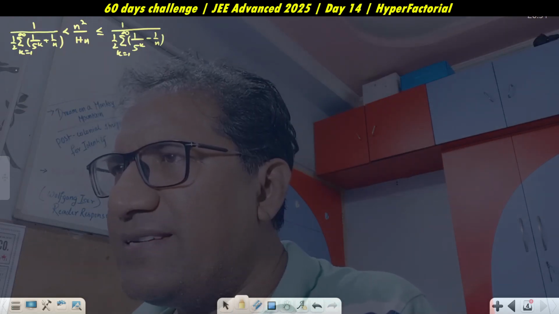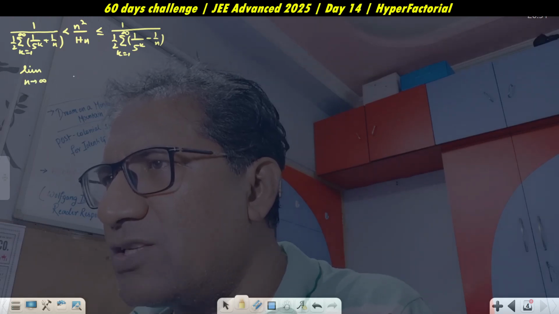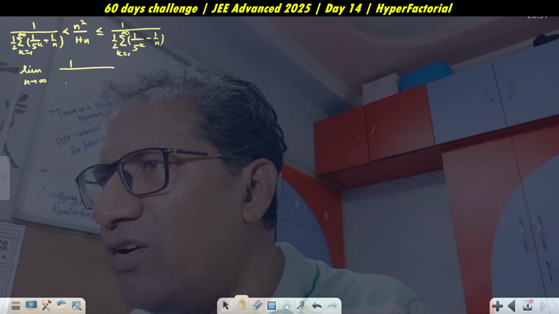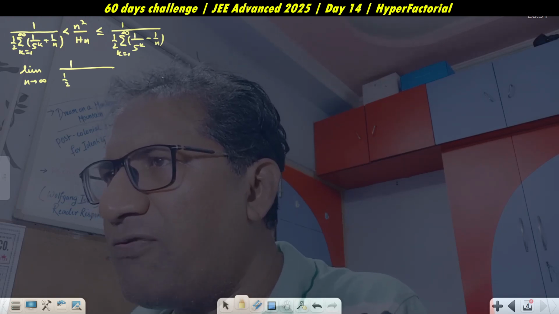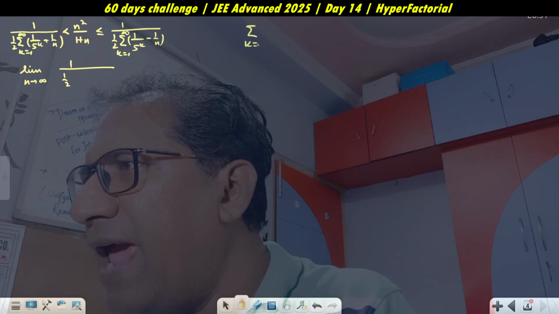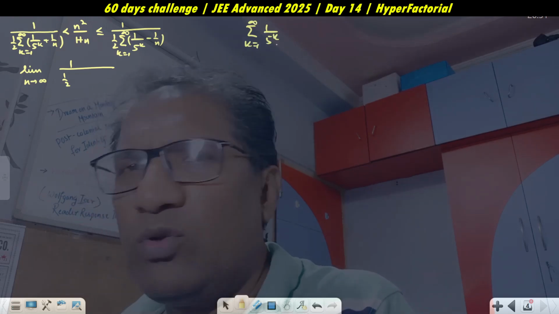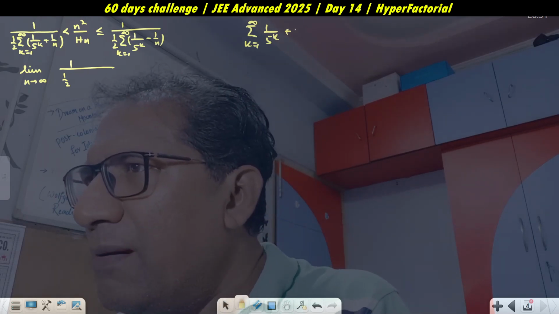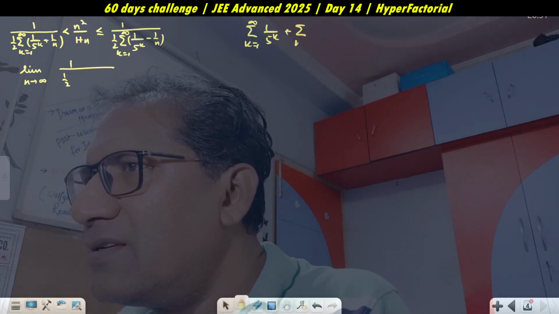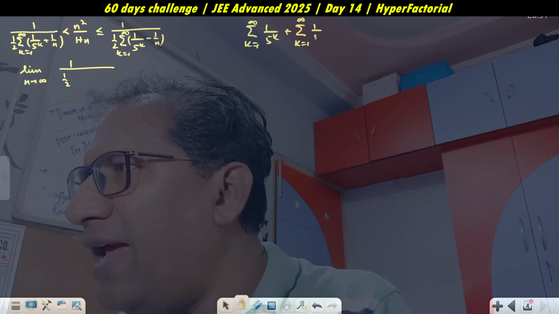So now if I take the limit on both sides, limit n tends to infinity 1 over half... Let me just simplify this. Sigma k from 1 till infinity 1 by 5 to the power k plus sigma k from 1 till infinity 1 over n.